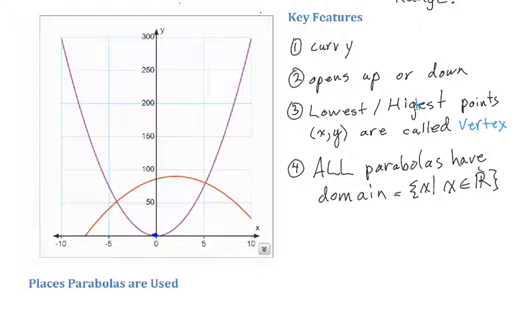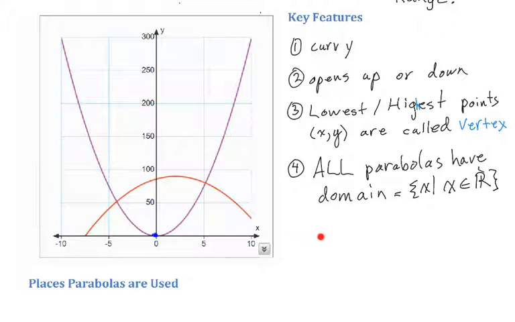And the reason why that is, if I took a look at this parabola, as I move all the way to the left, I can find points. If I walk straight up after I find my lowest x value, I can find a y value that matches it.